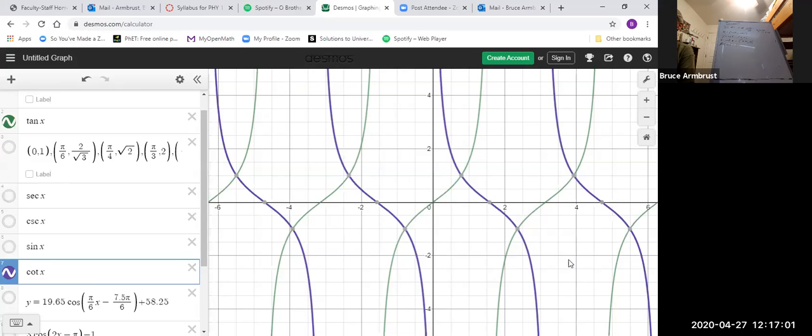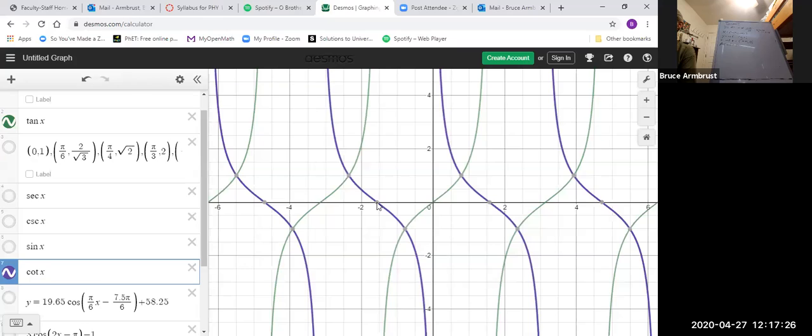All right, so Amber just said it flipped, right? So notice that now instead of increasing, because tangent increased, right? On this green line, we keep going up as we go to the right. Now with cotangent, we're decreasing. So cotangent, while there is that shift, the zeros now are at the half pi's, right?